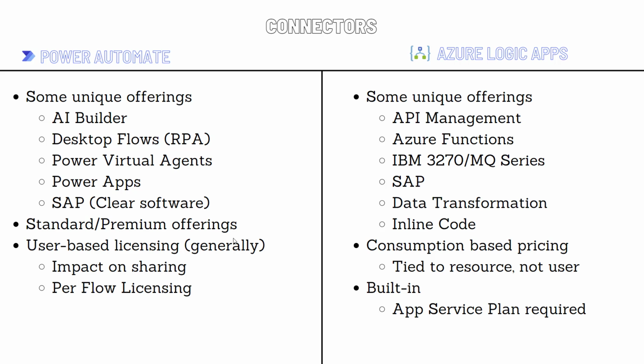What you can do is get per flow licensing, which allows everyone in your organization to use it if they so wish. Another thing I don't have here on the list, but it is relatively new, is pay-as-you-go. It's another model you could look at if you wanted to use those premium connectors and have it metered on a per flow basis, not a per action basis.